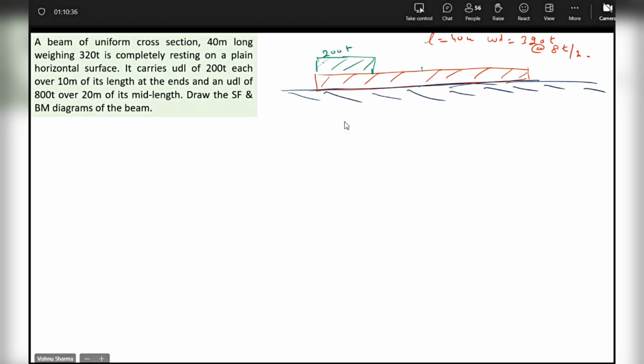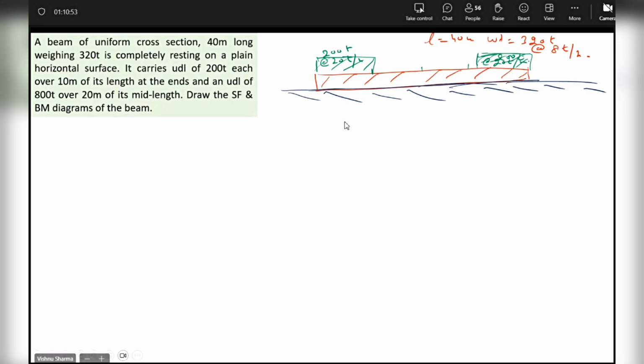Obviously, since it's uniformly distributed, it shall be at 20 tons per meter. There is a similar UDL at the other end also, 200 tons at the rate of 20 tons per meter.